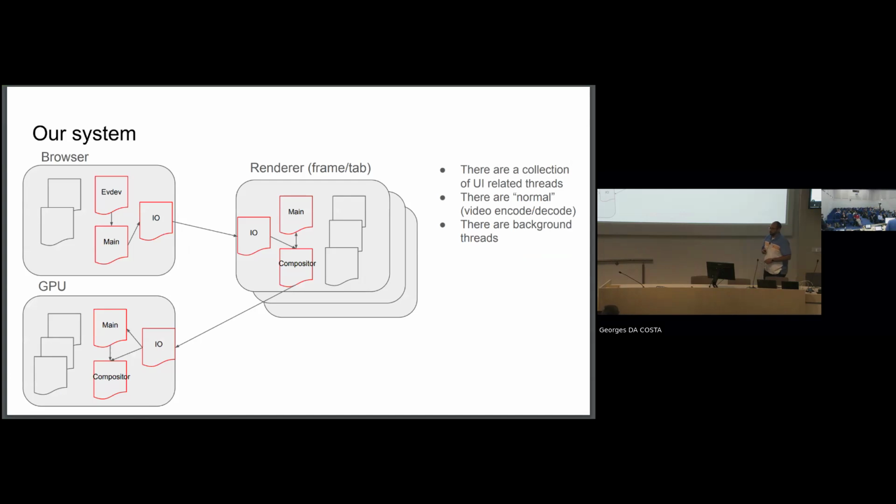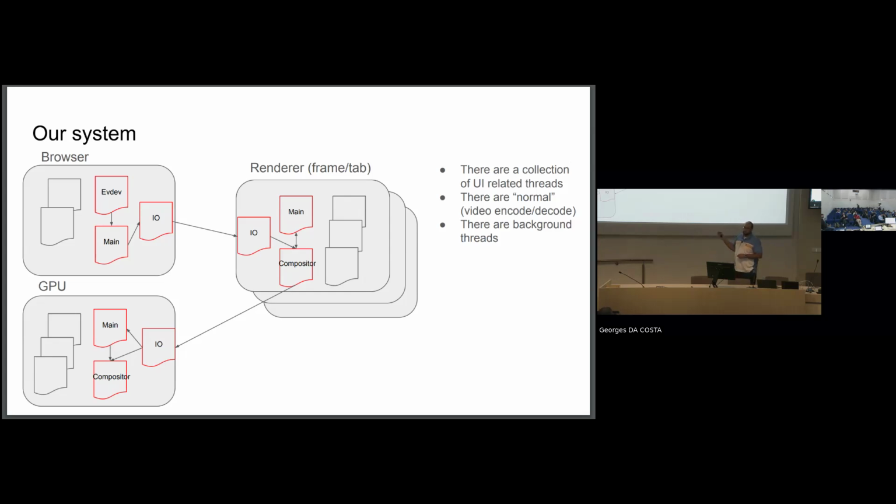Okay, so to start, this is a small diagram of our system, specifically focusing on the web-based UI and rendering. We have a few key processes: the browser process, the GPU process, and a few renderer processes.